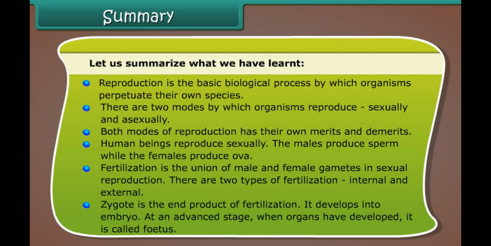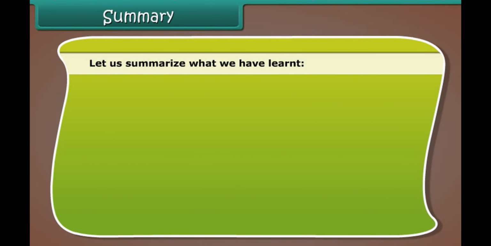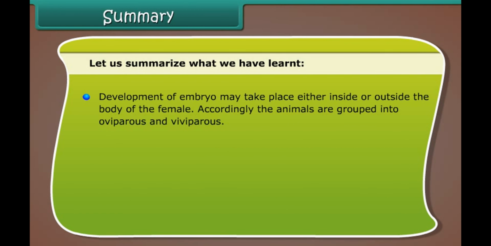Zygote is the end product of fertilization. It develops into embryo. At an advanced stage, when organs have developed, it is called fetus. Development of embryo may take place either inside or outside the body of the female. Accordingly, the animals are grouped into oviparous and viviparous.